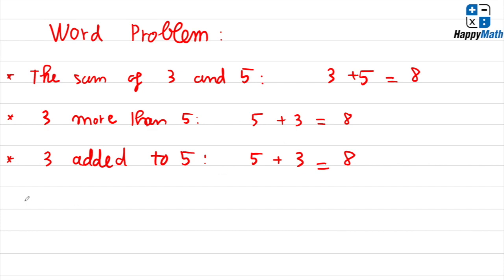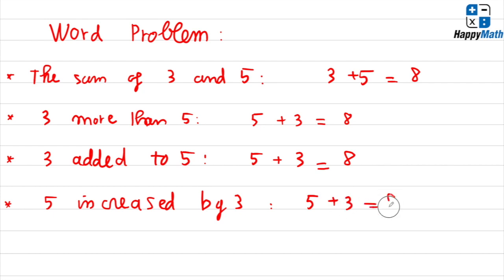The last way to write out the sum of 3 and 5 is 5 increased by 3. 5 increased by 3 means you have 5, the original number, and then you add 3 more, so you have 8.